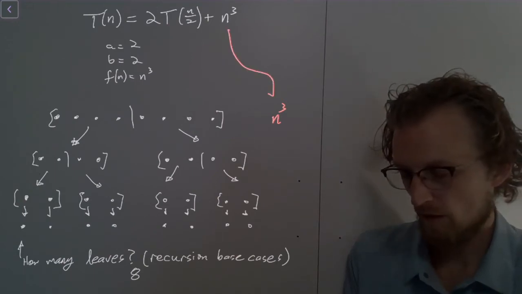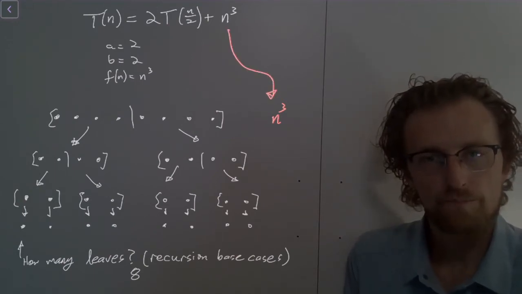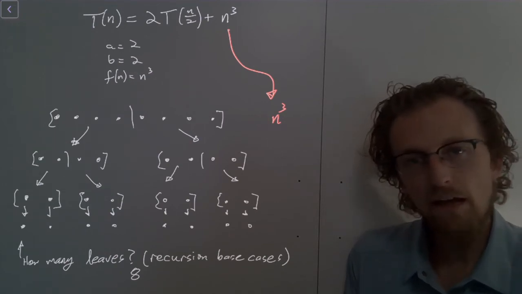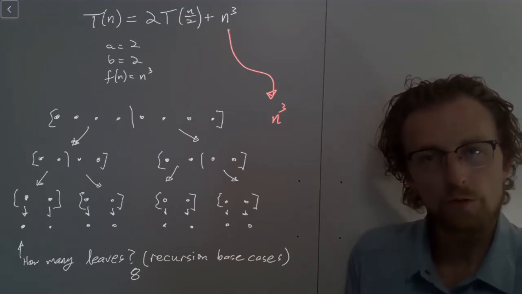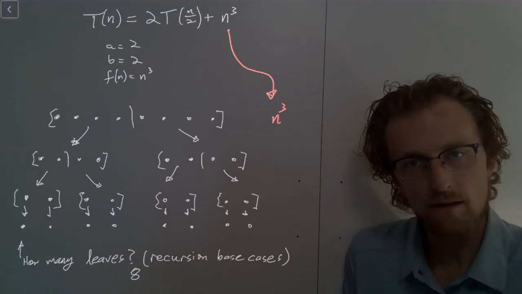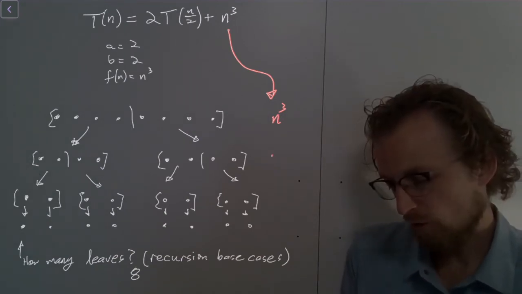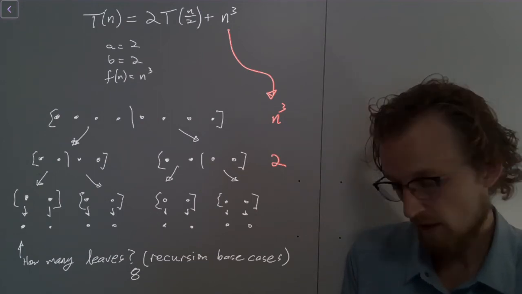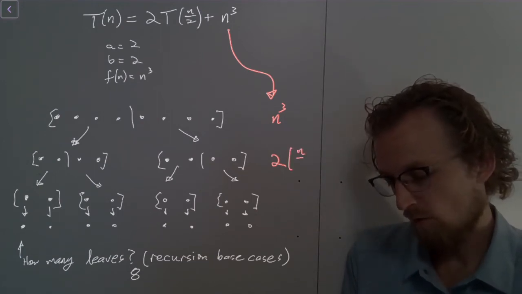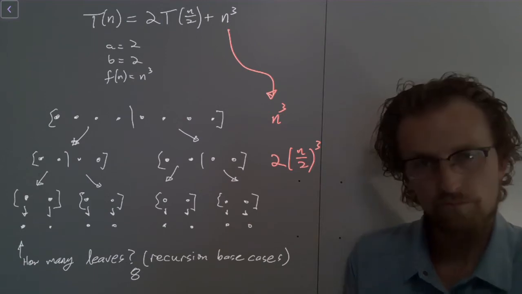And that just comes directly from here. Now on the second level, we have 2 arrays that are each half the size of the original. And so how much overhead gets done down here? Well, 2, right, because there's 2 arrays, times n over 2 cubed.